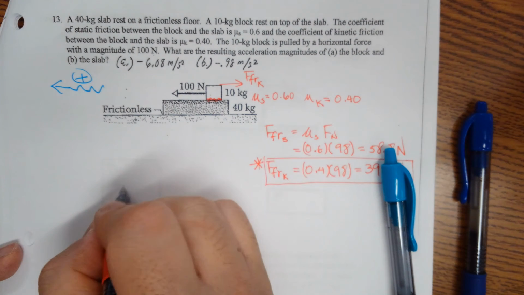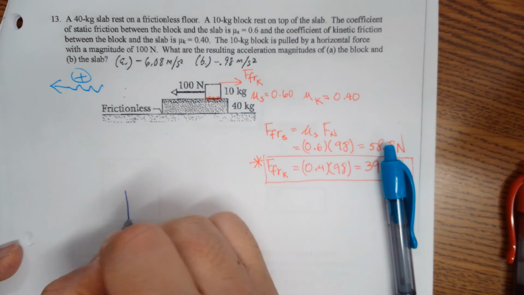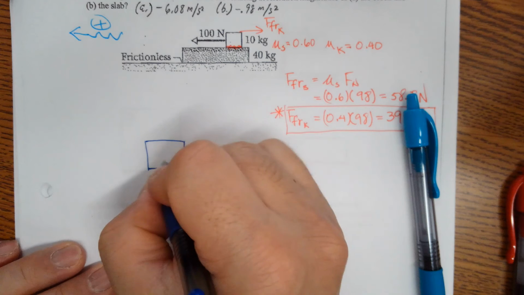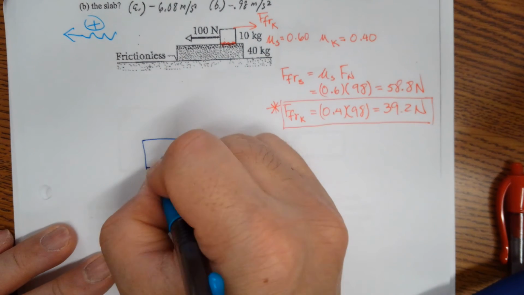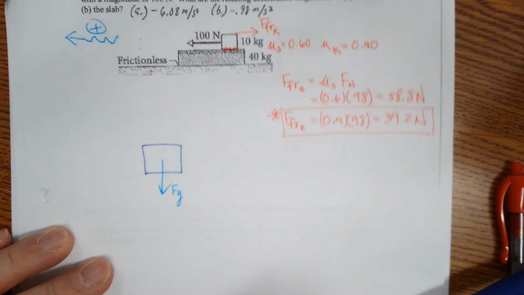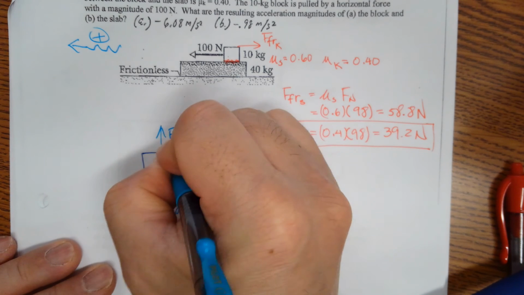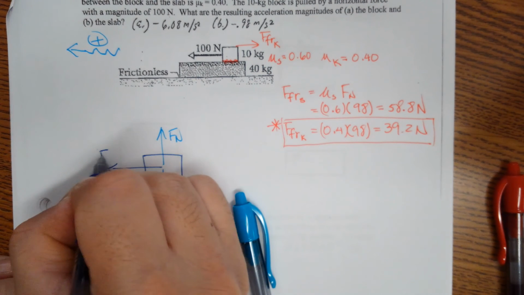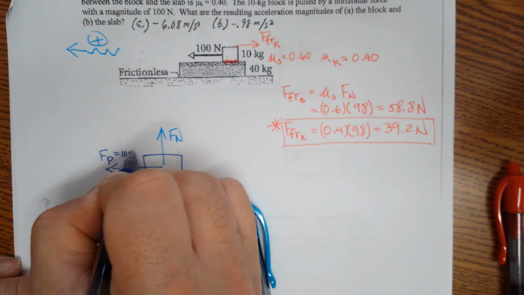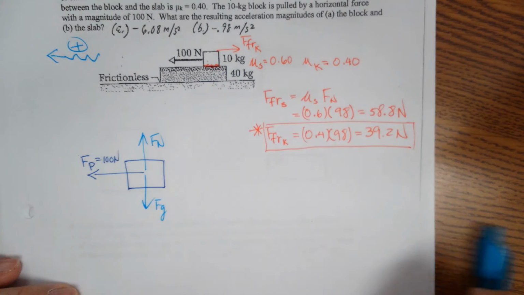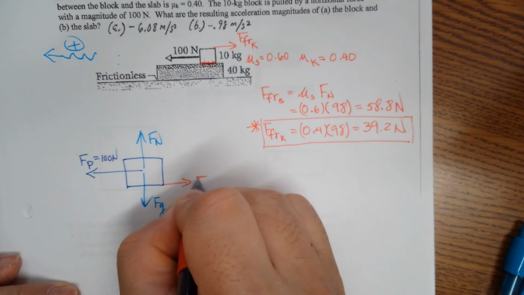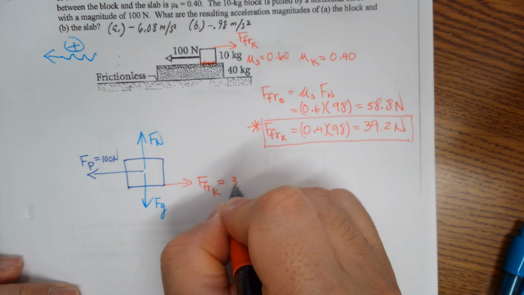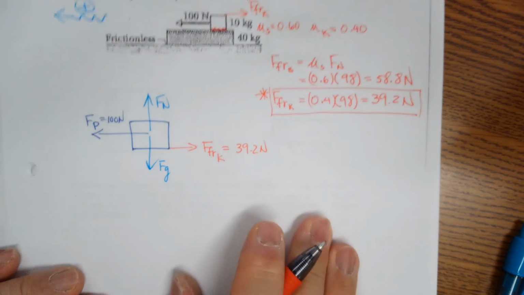Okay, so if I were to redraw this, I'm going to have obviously Fg going down, and then F normal, and then I have F pull, which is 100 newtons, and I have the kinetic frictional force, which is 39.2 newtons.